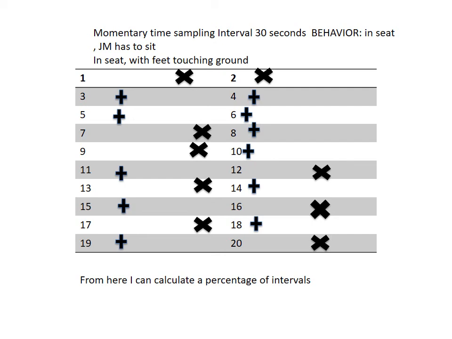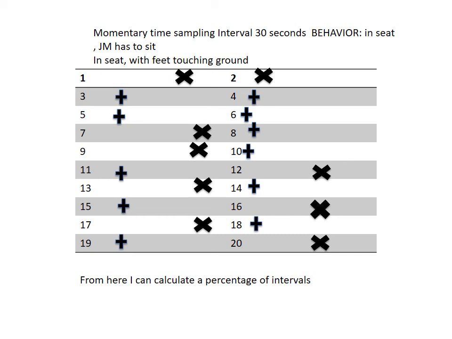So in interval 1, the person looked up at the 30-second point. JM was not in his seat, so they put an X. At the 30-second point of interval 2, so now we're a whole minute into it, they looked up, JM was not in his seat, so they mark X. At the minute and 30 point, the next 30-second interval is up, they look up, and JM was in his seat, so they would put a plus.